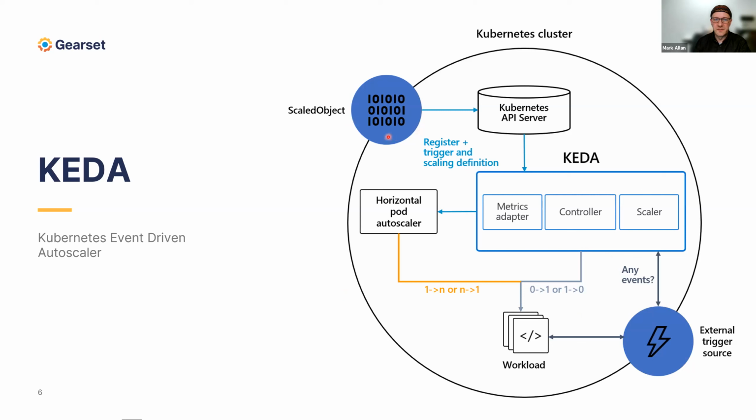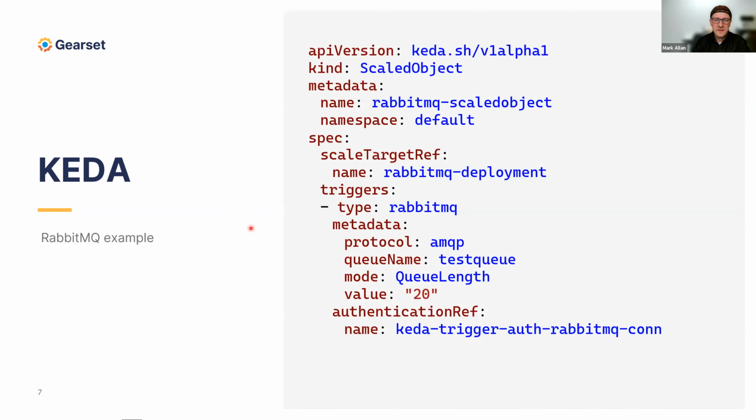Just taking this little scaled object configuration here, which looks something like that. Once you've got KEDA installed in your Kubernetes cluster, all you need to do is give it this bit of configuration, essentially telling it what it is that you want to scale up. So in this case, we're scaling up this deployment here.